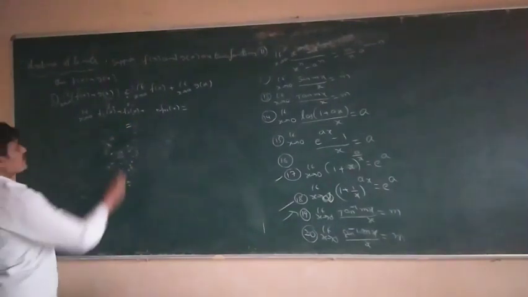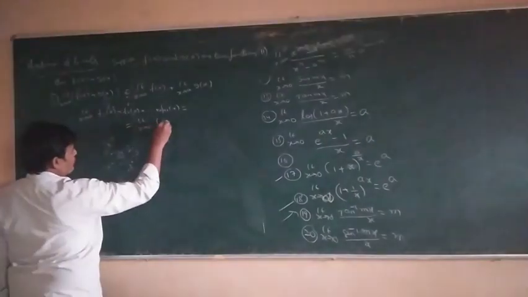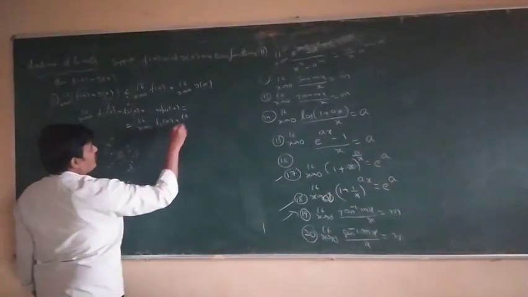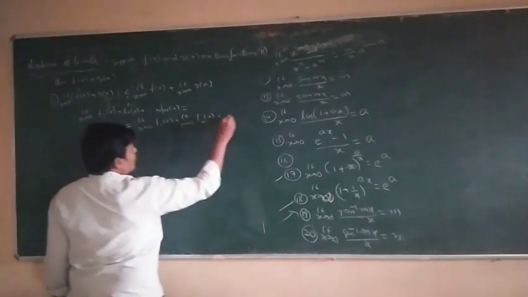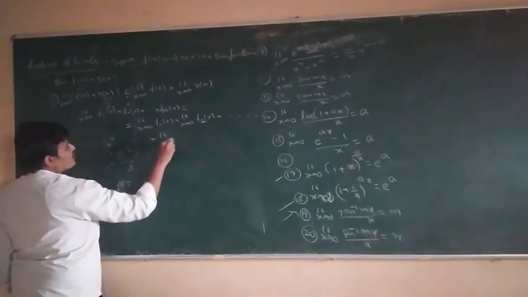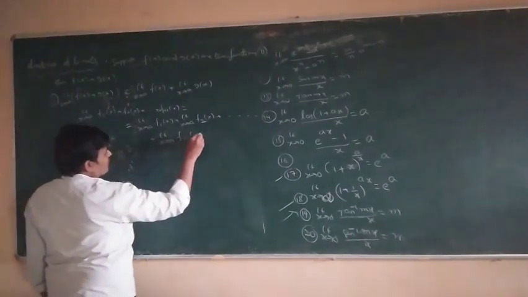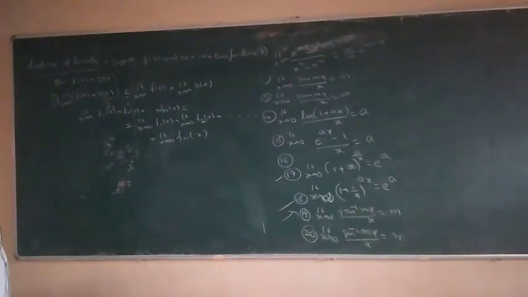N functions. So, limit x tends to a first function plus limit x tends to a second function plus and so on plus limit x tends to a last function. Not only two functions, infinity. Okay, next one.